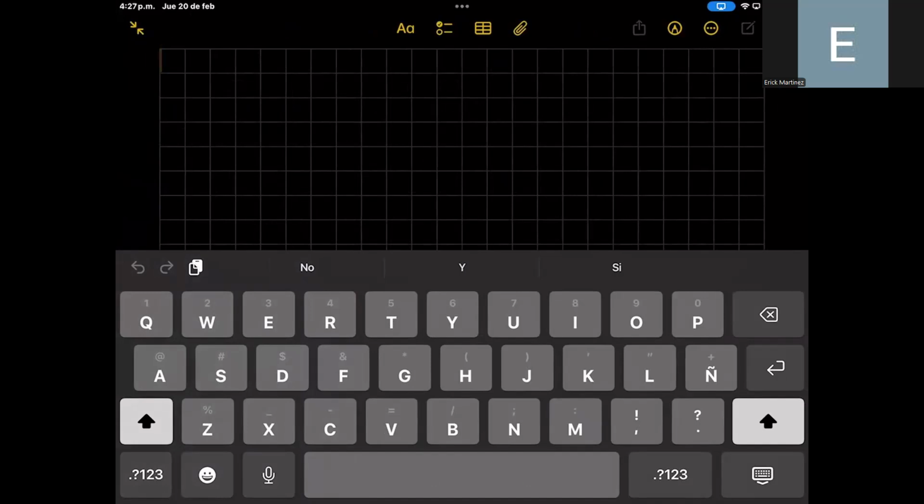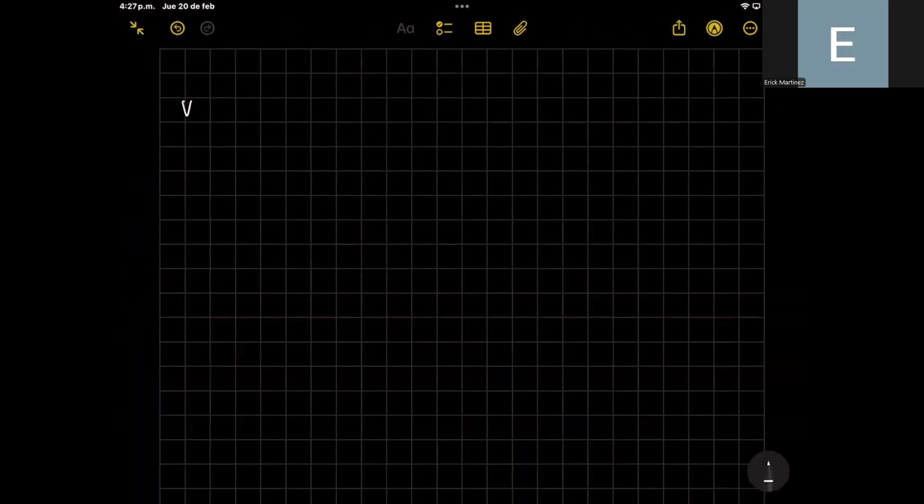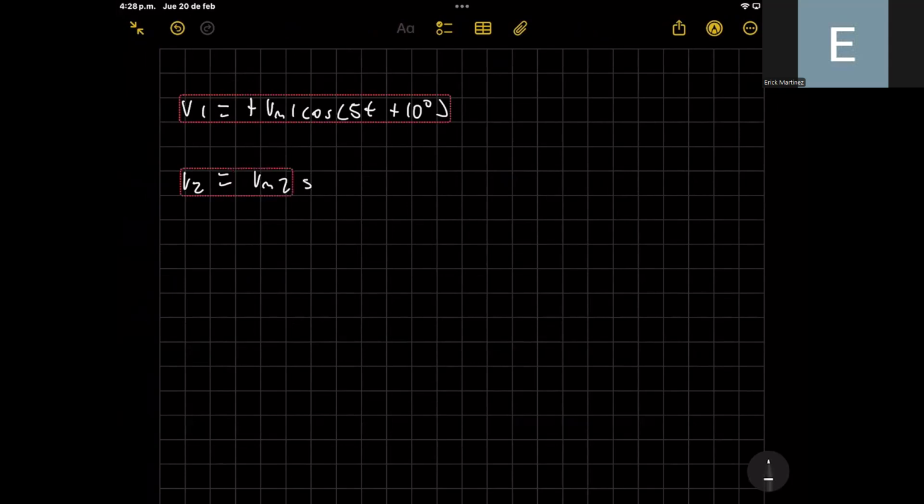Here we have B1 that is equal to plus Bn1 times the cosine of 5t plus 10 degrees. And we have another sinusoidal, B2, that is equal to Bn2 times the sine of 5t minus 30 degrees. These are the two sinusoidals that I want to compare.